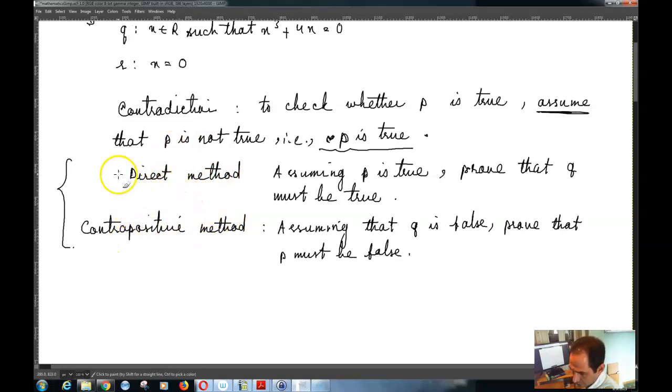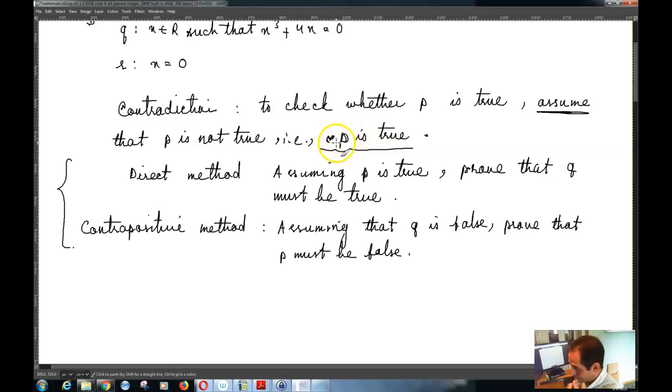The way we learned these was for validating, or showing that some statement is true, but of course you can use them to show that some statement is not true, or false. I want to prove that not P is true, which means I can use the direct method or the contrapositive method to show that P is false, or not P is true.